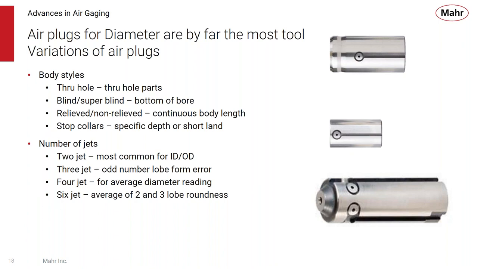And you can also add multiple jets where you can get 4 jets to give an average of 2 diameters 90 degrees to each other, or even a 6-jet plug is going to give you an average of the 2 and 3 lobe roundness conditions. So you can get lots of different information based on how you make that measurement by the number of air jets you have. So keep in mind these pictures with the air jets, and we're going to come back to that in a minute.